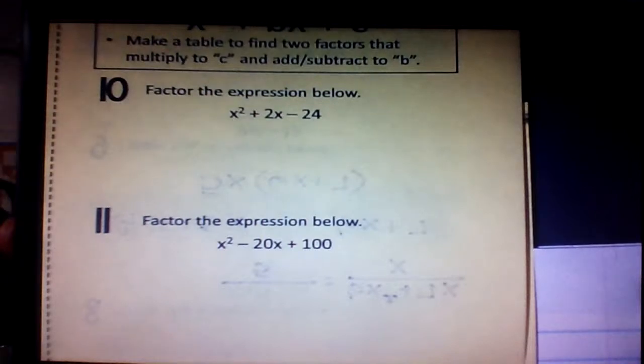So now my polynomial has 3 terms. The first thing you need to ask yourself when you're factoring a polynomial is, is there a greatest common factor? So look at x squared plus 2x minus 24. Is there a number I can divide out?